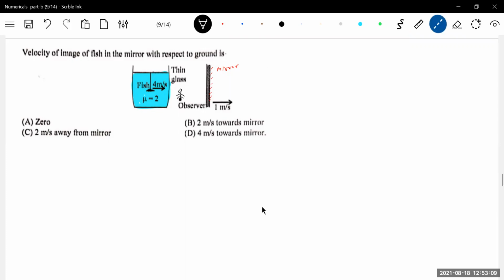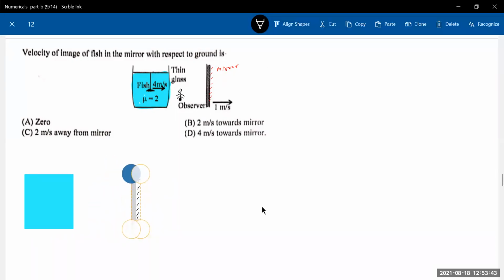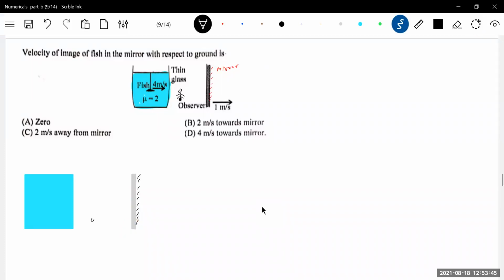If you are getting confused, start with a boundary. And here is the liquid. There's a mirror, I'll bring it. If you are getting confused with the diagram, you can just analyze it, and let there be an observer here.